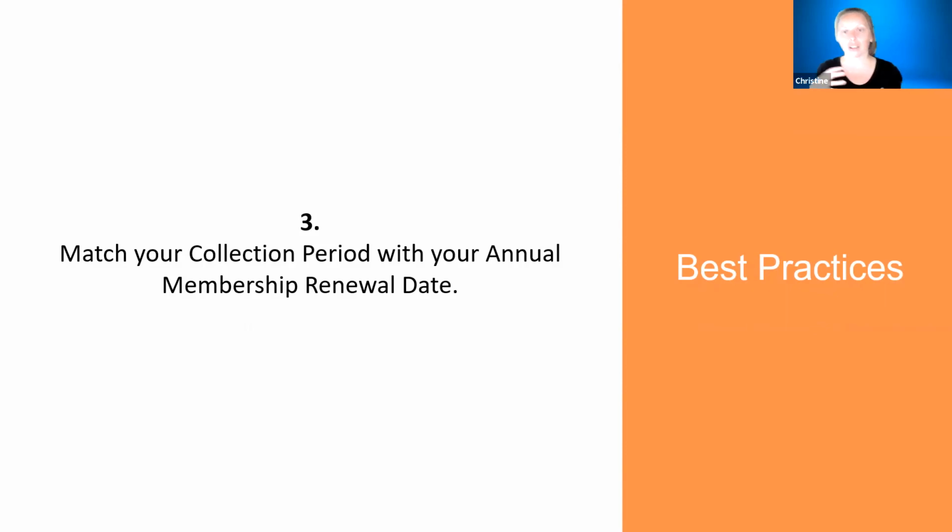Then you have to have a larger grace period for the collection period to meet with your renewal date and vice versa, because people are not going to remember to update their credits if they're not having to renew. It's just not on top of mind. So make sure that you are correlating that and that your collection period for your certification coincides with your renewal date.